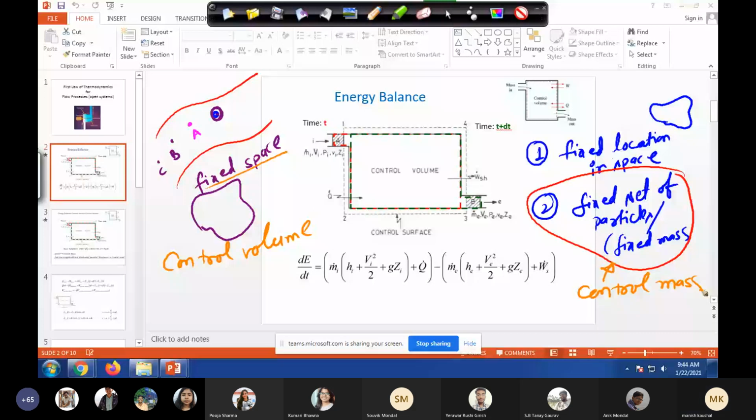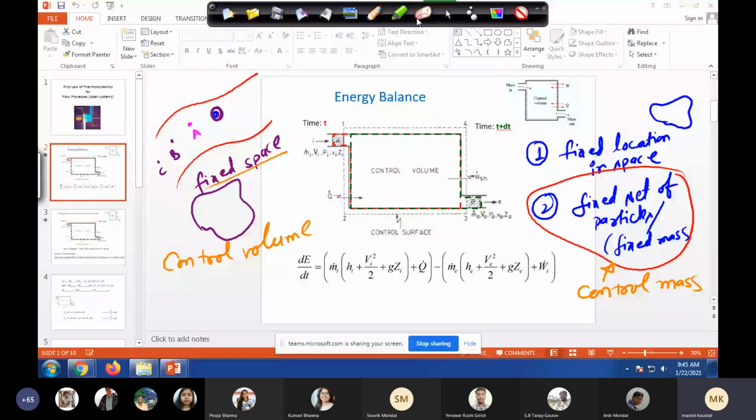Great. Now, another question. Samira, can you tell me, let's say Newton's second law, that is rate of change of momentum equal to forces, or energy balance, like the first law, is it applicable to control mass or control volume fundamentally? Can you make a guess?